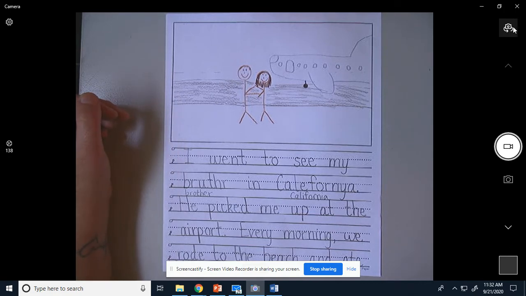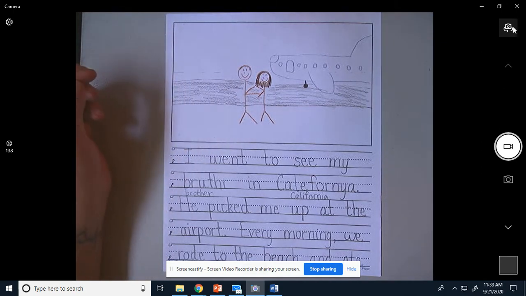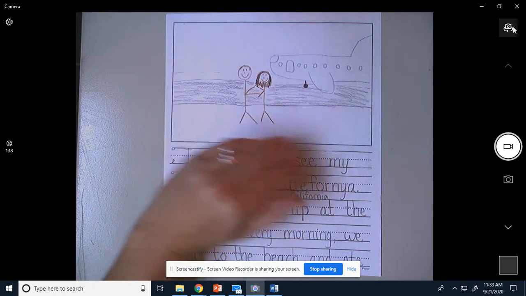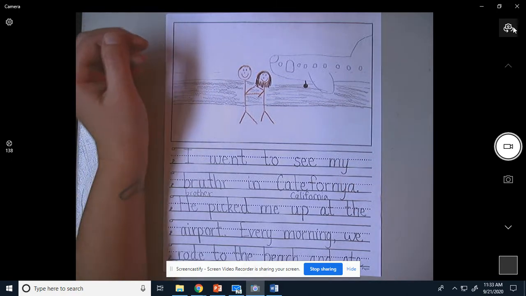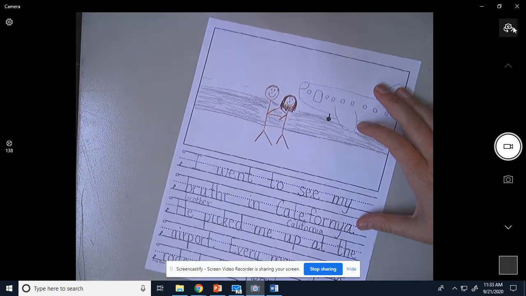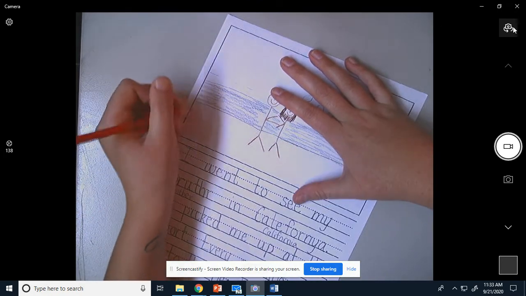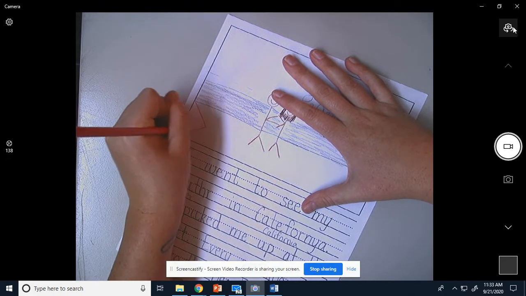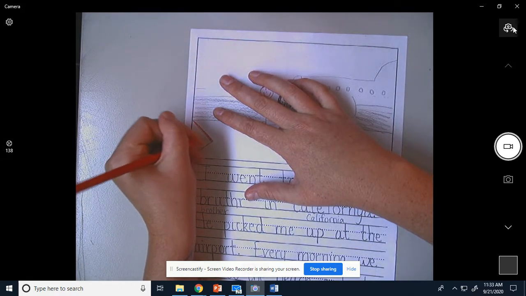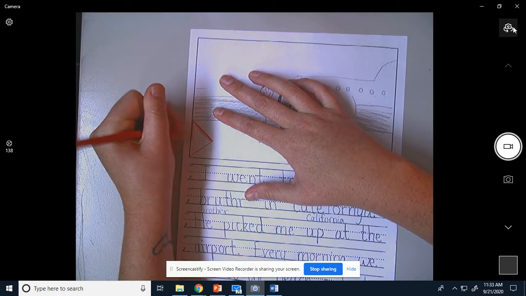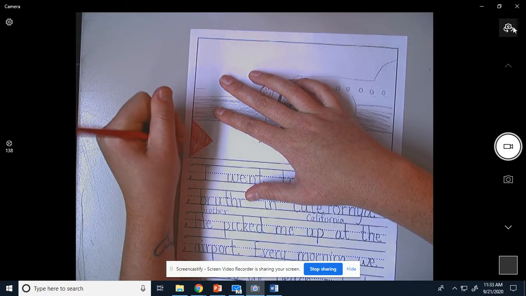Okay. And now that I'm done writing my sentences, but I still have some more time, I'm going to add to the top. So, at the airport, the carpet was red, and it kind of had some red squares, but you can only see this part of the square.